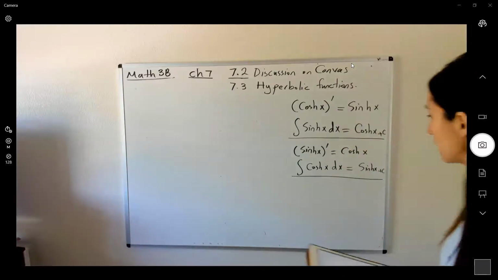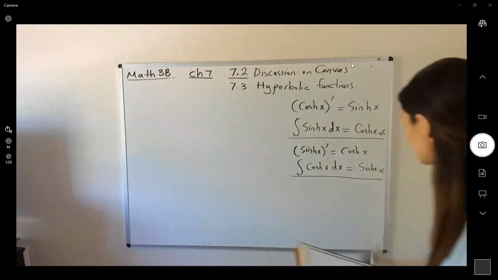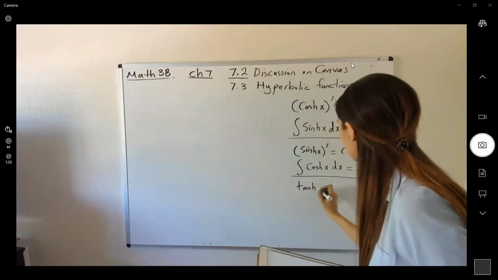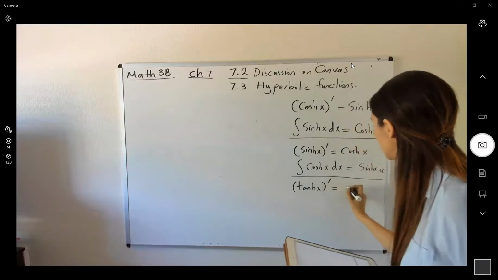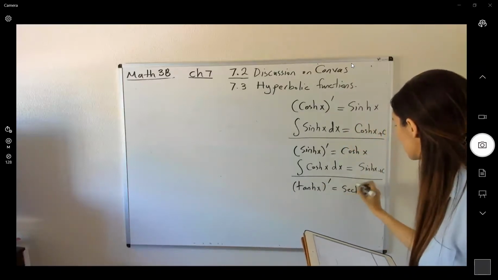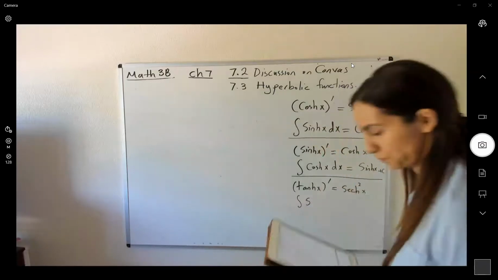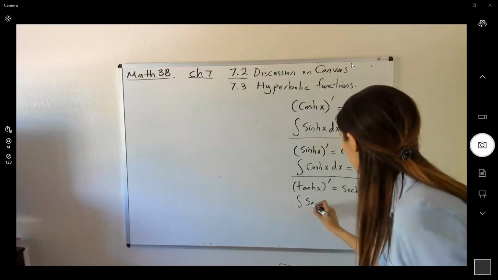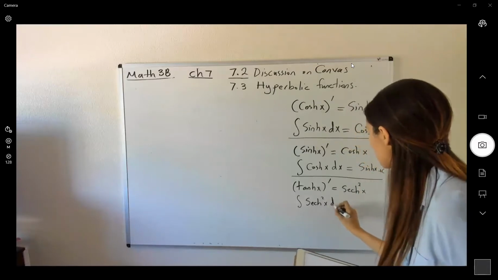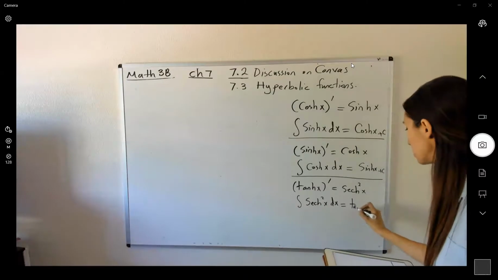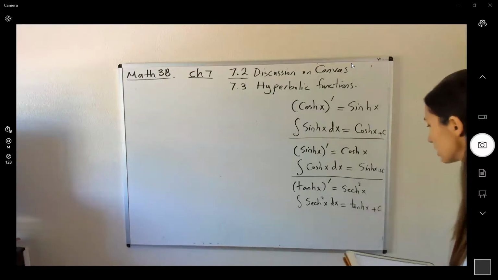The derivative of hyperbolic tangent is hyperbolic secant squared, and the integral of hyperbolic secant squared with respect to variable x, of course, equals hyperbolic tangent plus the constant of integration.